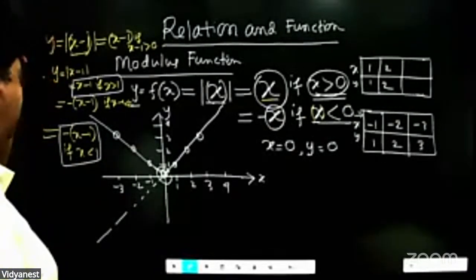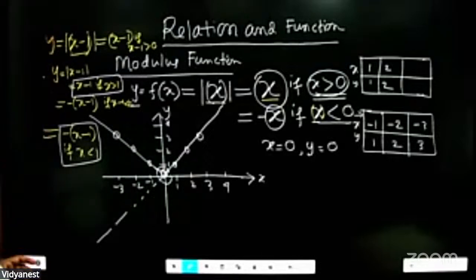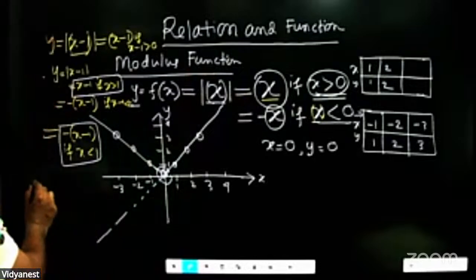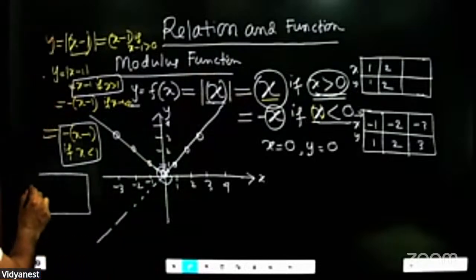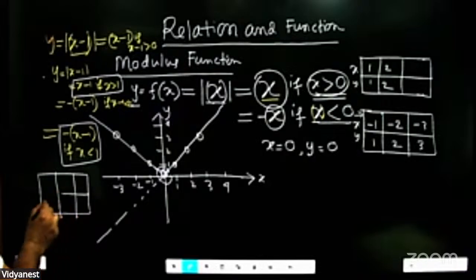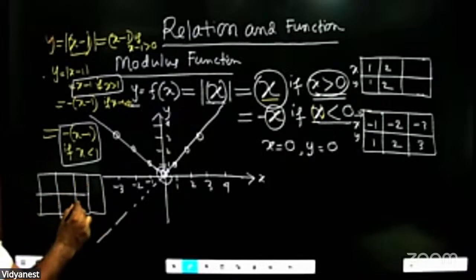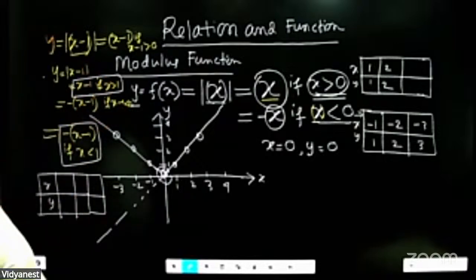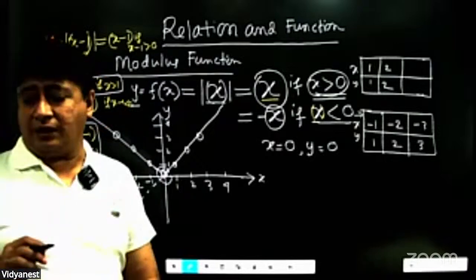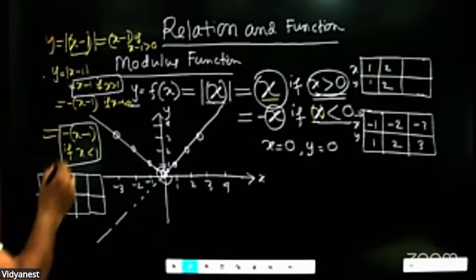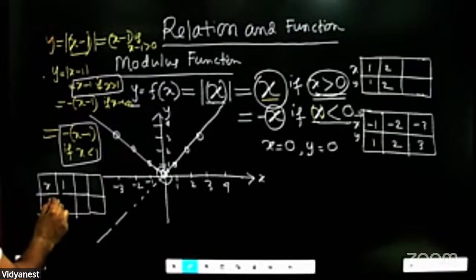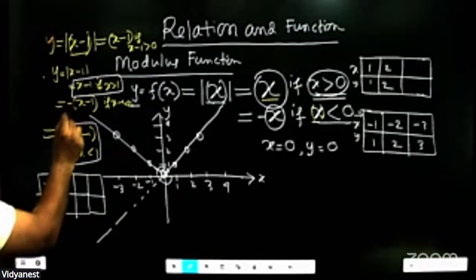So obeying this, we will make one table. See, in the first case, x is given greater than 1. So you choose one value which is greater than 1. Say 2. Put 2 minus 1, 1. If I put 2, I will get 1.